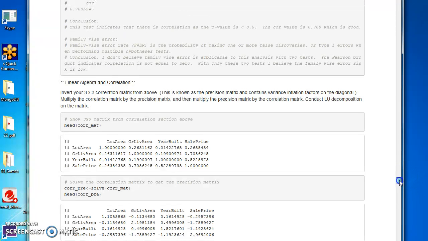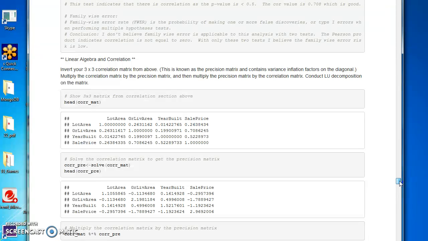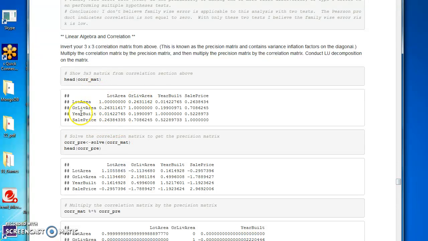For linear algebra, I took the matrices above of that correlation matrix and just started with that. That would be a 3 by 3, actually it's a 4 by 4 here, but it's showing everything plus the sales price. So I took a look at that, but the three I was looking at were the lot area, greater living area, and year built.